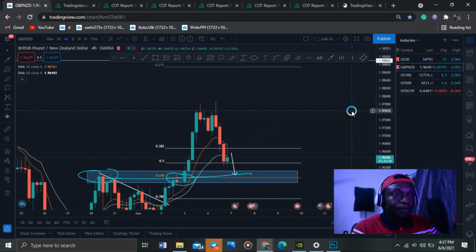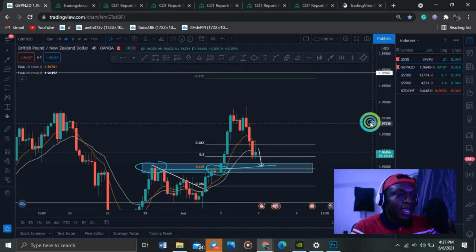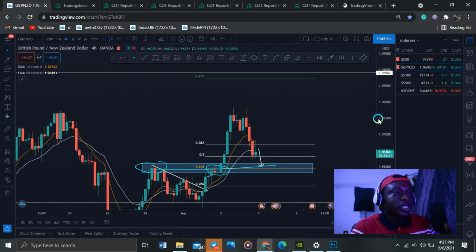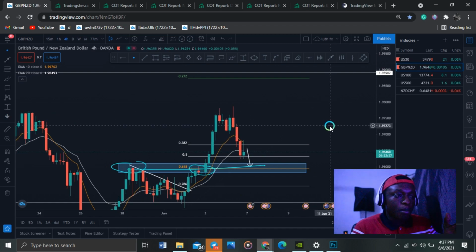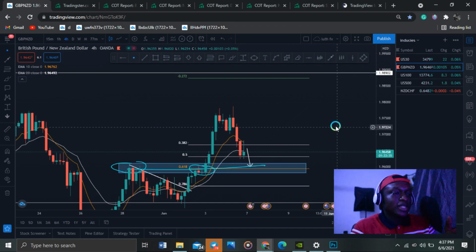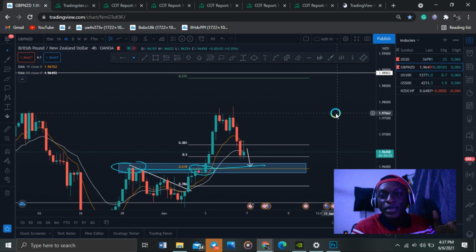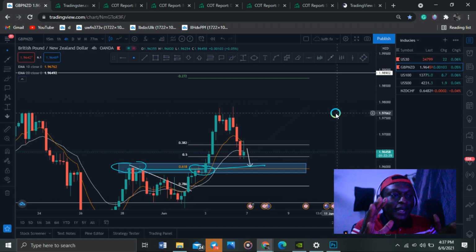You can see that the big banks are not really certain about what they are doing on both currencies, the GBP and NZD. But all the same, just because the big banks are not pushing forward doesn't mean our setup is invalid. No, our technicals are still solid.